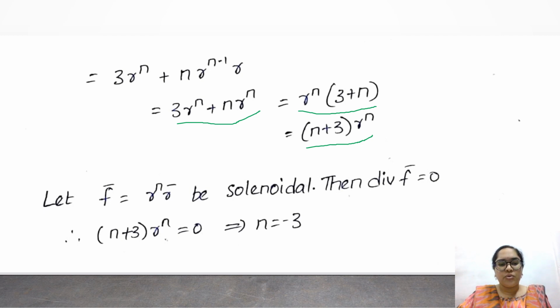And if f bar is solenoidal and we want to find n, then we apply divergence of f bar equals 0, because the solenoidal definition says the divergence of f bar is 0, and we get n as 3. This is not asked in the question, but we can prove it if it is asked. This is the overall problem, and the solution is this one.